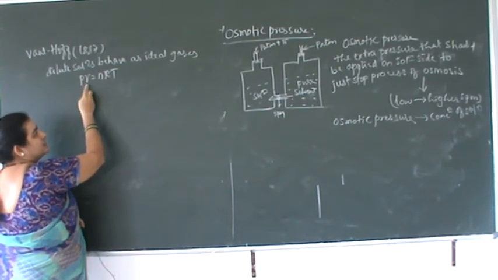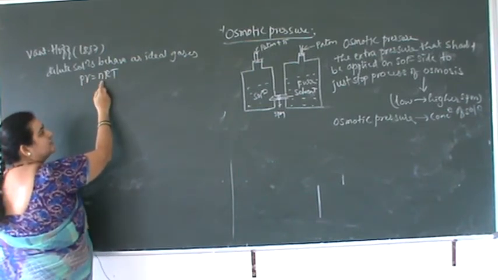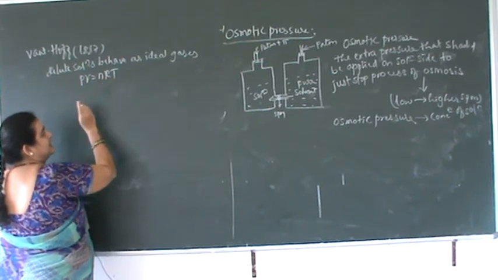Here P is the pressure, V is the volume, n is the number of moles of the solute, R is the gas constant, and T is the absolute temperature.